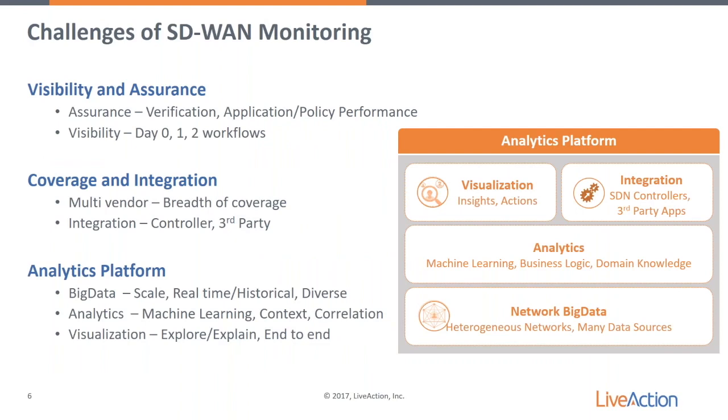And then these are the three challenges that we see from a monitoring of SD-WAN perspective. The first one, which I think we've been talking about already, is the visibility and assurance. And there's a human aspect to this, the human in the loop, where there's an operator that has to set the policy and the intent. And you have to be able to see if it's actually working to what you intended.